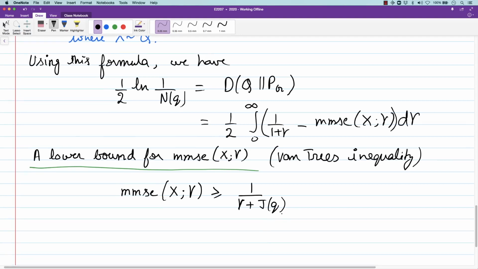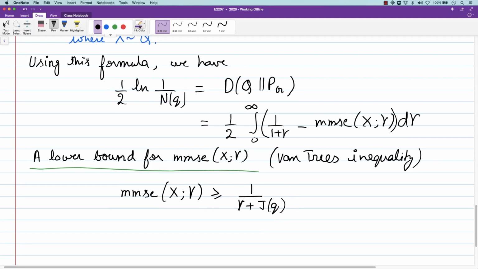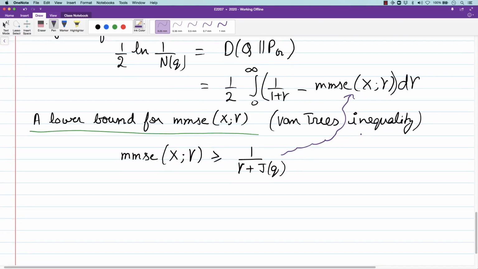We'll prove it later, but if you substitute Van Trees' inequality here, what do we get?